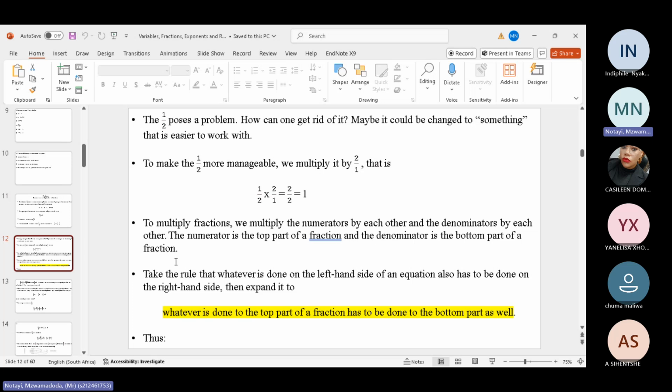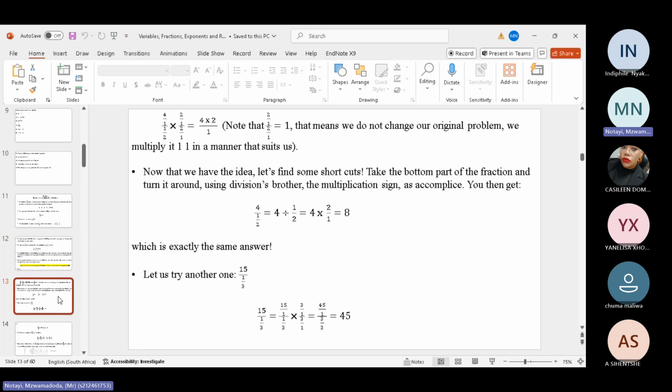Take the rule that whatever is done on the left-hand side of the equation also has to be done on the right-hand side. Then expand it: whatever is done to the top part of the fraction has to be done to the bottom part as well, so that the effect is cancelled.